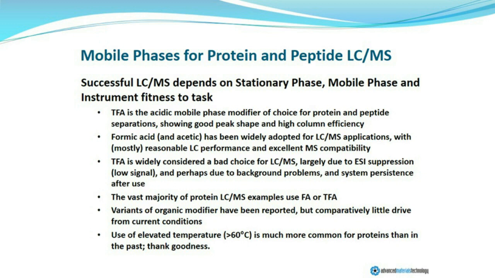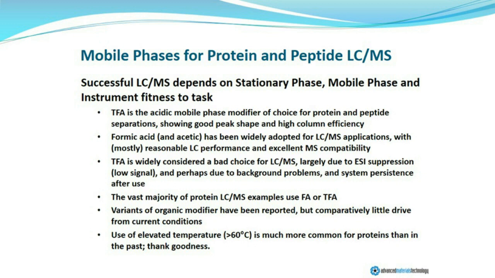Now, for protein and peptide separations, that has historically meant that there is a challenge between the use of mobile phase modifiers, particularly acidic modifiers, that are beneficial chromatographically versus those that perform better for mass spectrometry. Now, historically, trifluoroacetic acid has been the acid of choice for chromatographic reasoning.